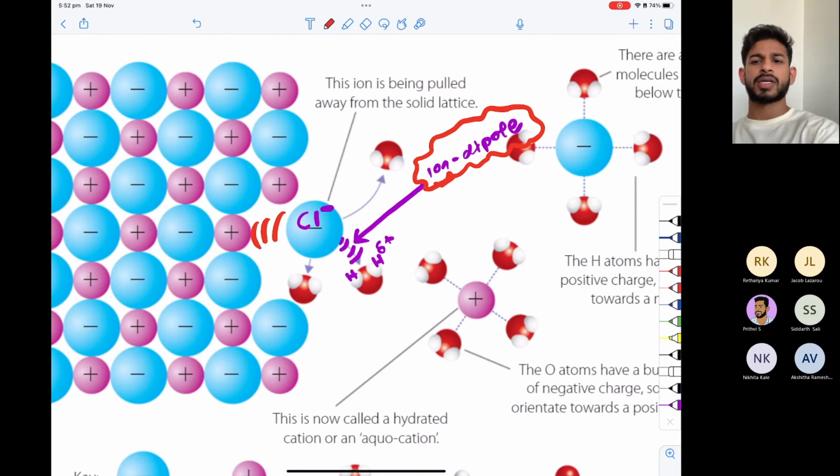Or how can these weak hydrogen bonds break the powerful electrostatic bonds? Nikita? Okay, so basically, the orderly array gets disordered, and then the like charges repel, and then it just shatters.